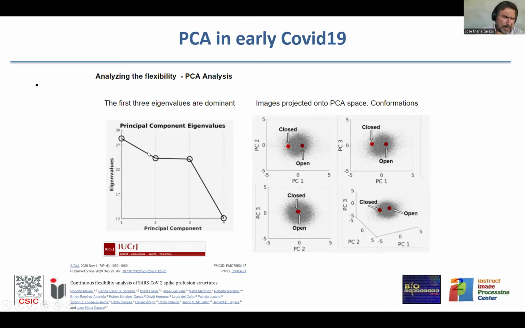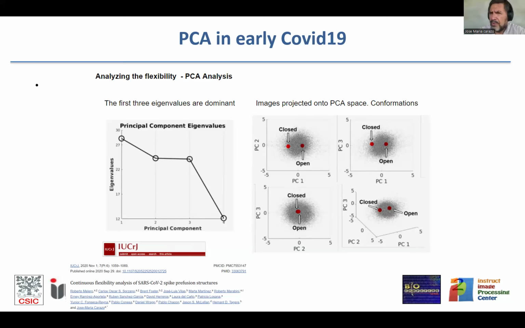And obtaining the principal components, we were able to see that the closed and the open states were really two states, but there were many more in between. However, principal component analysis, being a linear technique, also has a number of limitations. So we had a nice cloud.